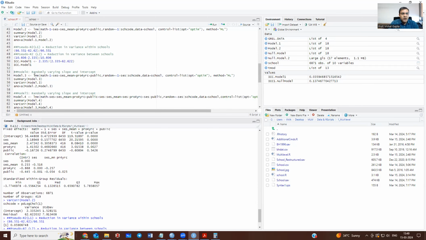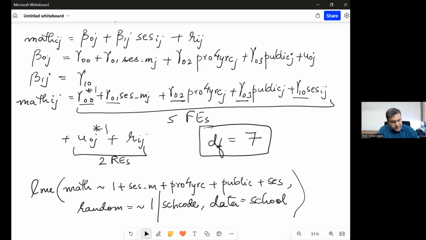Okay, now let's go to our randomly varying slope and intercept. Now this is where it starts to become even more interesting. Okay, it is already interesting. Now what are we doing? We are saying there is a random slope also.